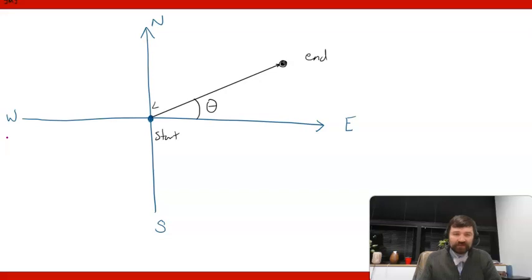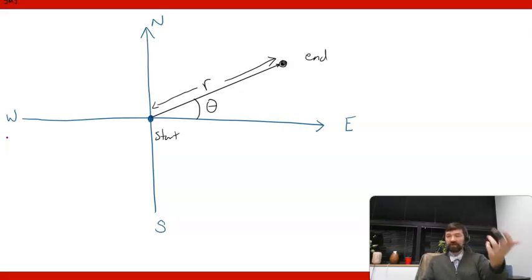And the distance along this vector would represent r. So this would be r comma theta. And so basically I just take out a compass, measure an angle. Maybe the angle happens to be, I said, 35 degrees east of north. This one looks more like 35 degrees north of east, or if you prefer, 55 degrees east of north.